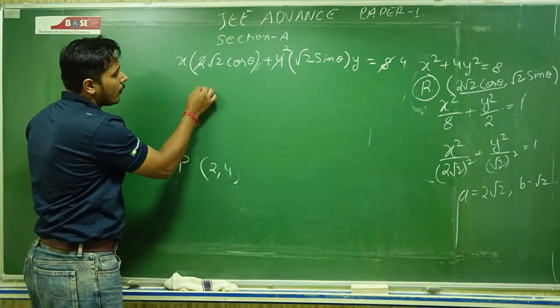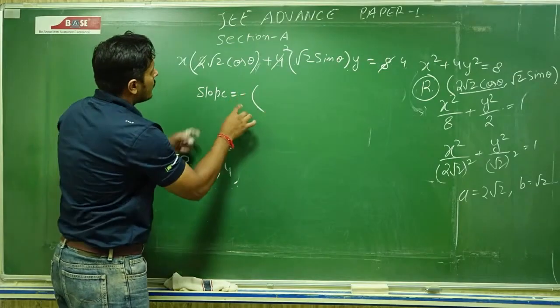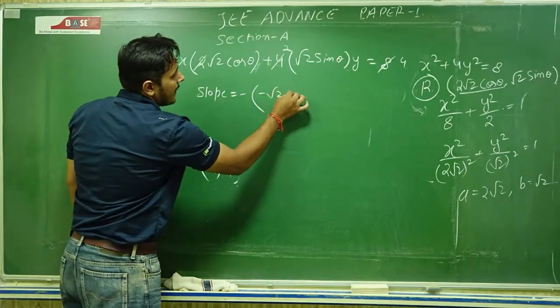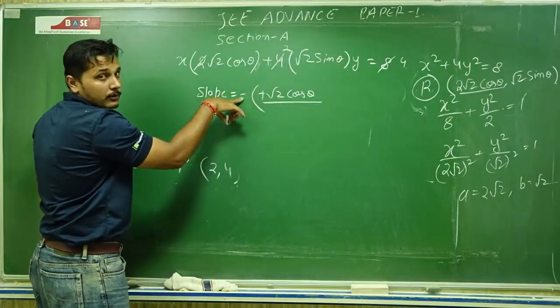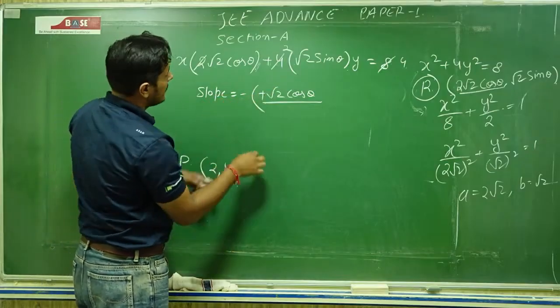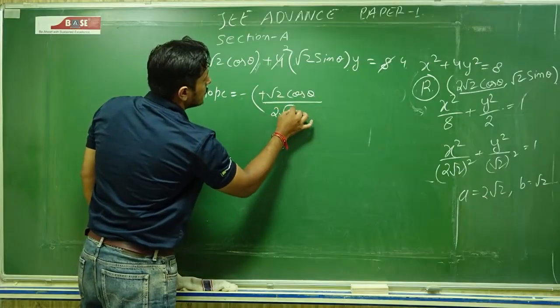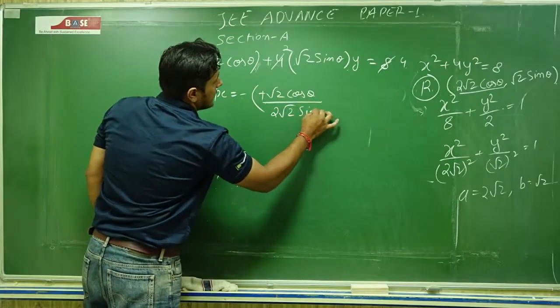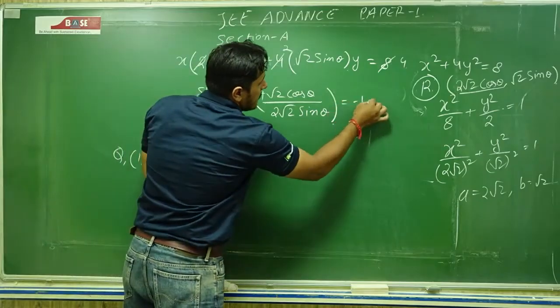So as we know, slope is minus times coefficient of x, coefficient of y. So it is root 2 cos theta divided by 2 root 2 sin theta. Okay, the slope in the question is given as minus half.